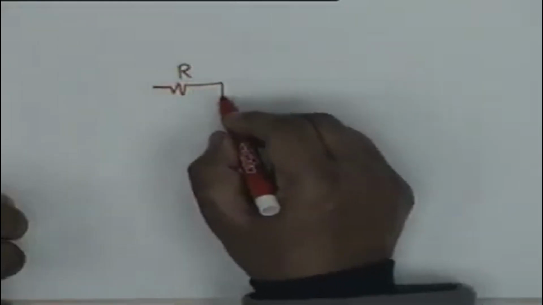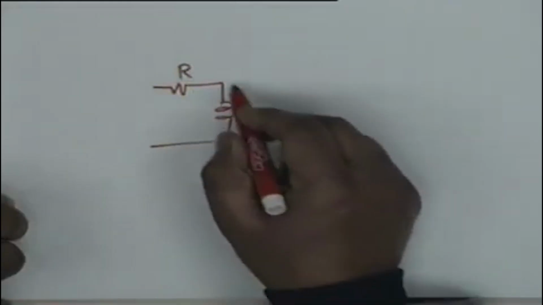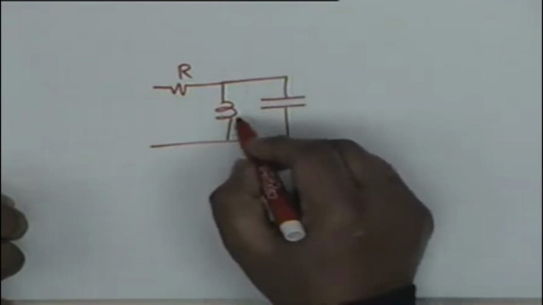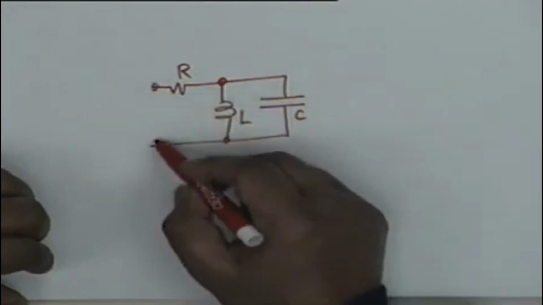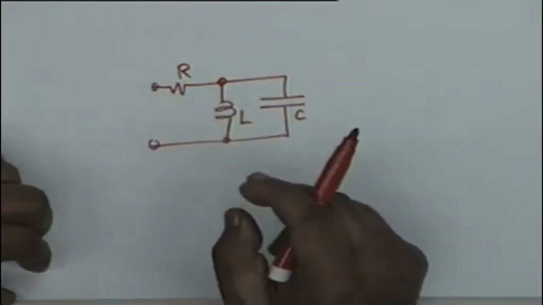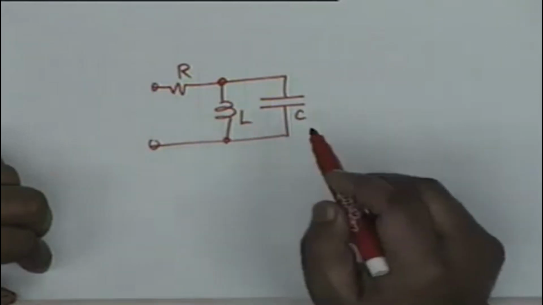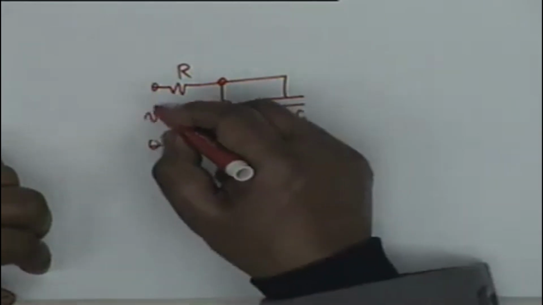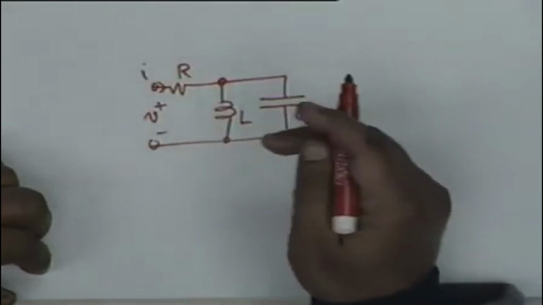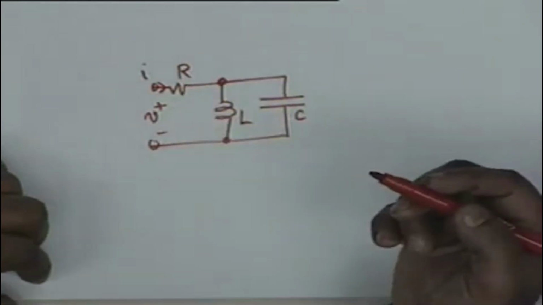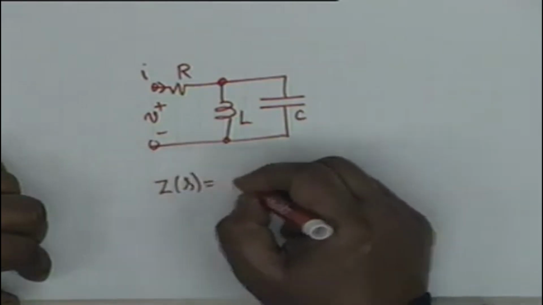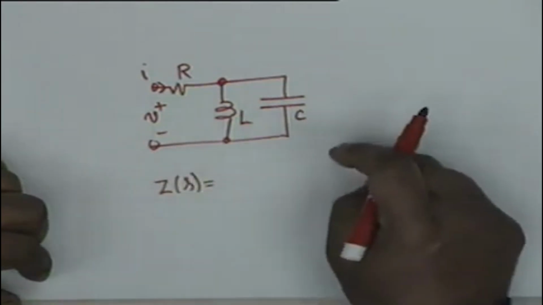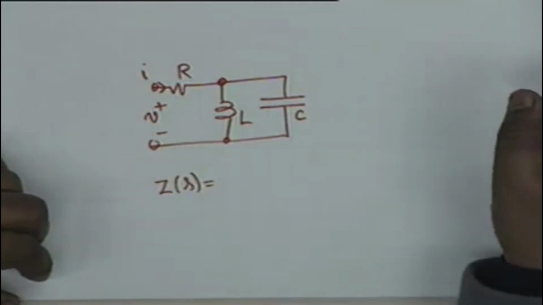Similarly, suppose I have another combination. This is not a series combination, it is a series connection of R with a parallel connection of L and C. If this is V and this is I, and one of them is exponential, then the impedance of the circuit can be written, and the manipulation will be exactly like that of resistances.